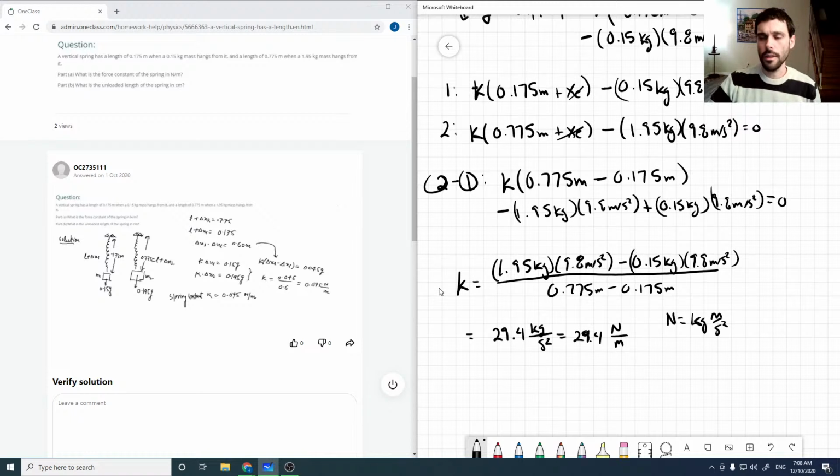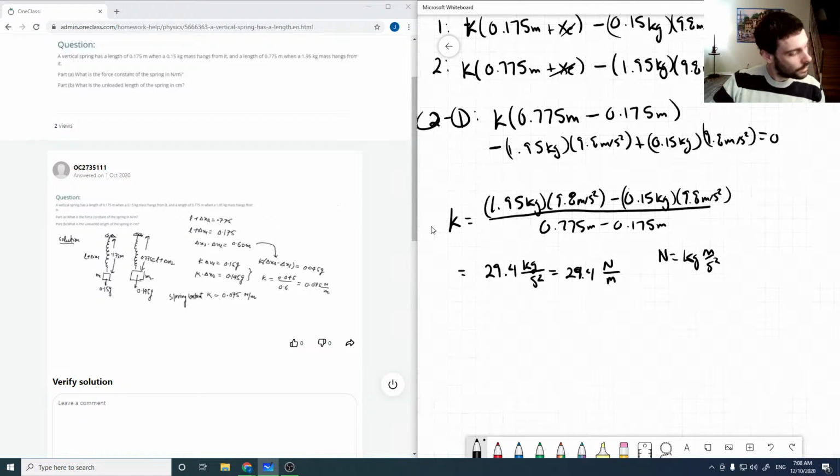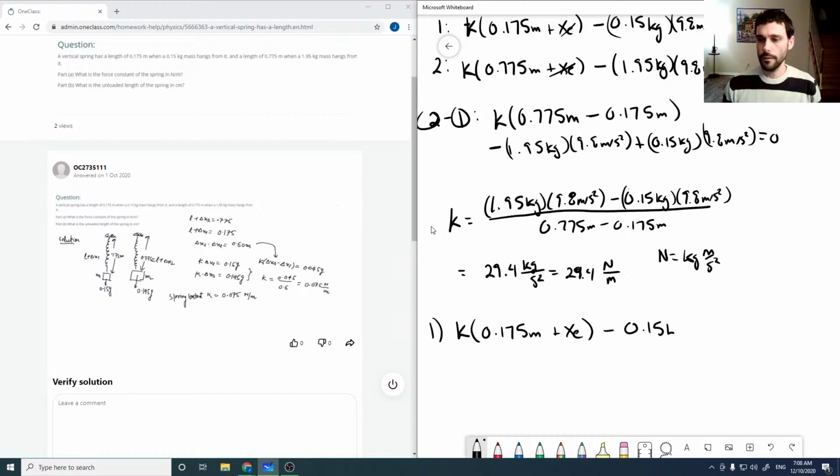Now we can use either of our equations 1 or 2 to get the unloaded length. I think I used both, but I'm just going to use the first equation here. So from our first equation, we've got K times (0.175 meters plus XE) minus 0.15 kilograms times 9.8 meters per second squared equals 0.